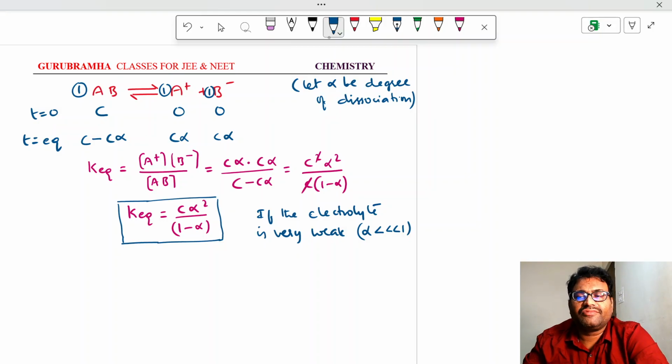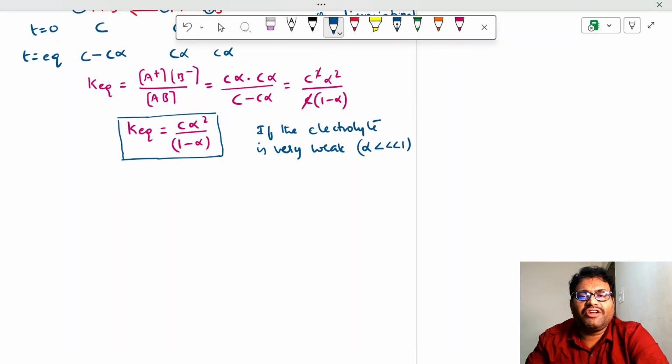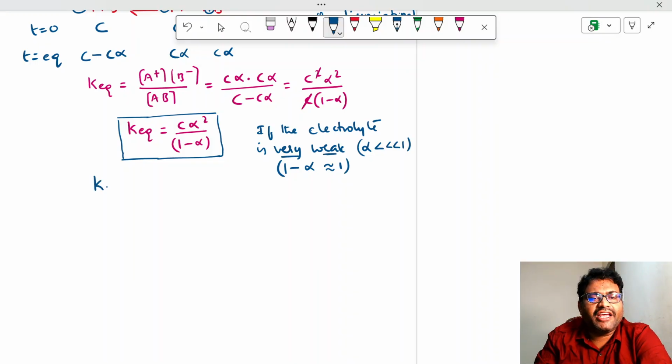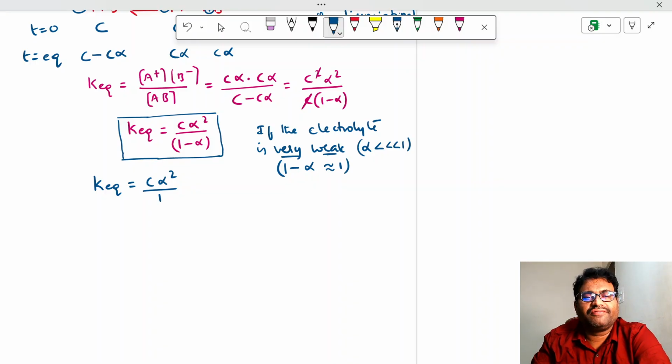Then 1 minus alpha will be almost equal to 1. So in the case of a very weak electrolyte, K equilibrium is equal to C alpha square by 1 minus alpha, where 1 minus alpha is 1. Here only we have seen. So simply I can write that K equilibrium is equal to C alpha square.